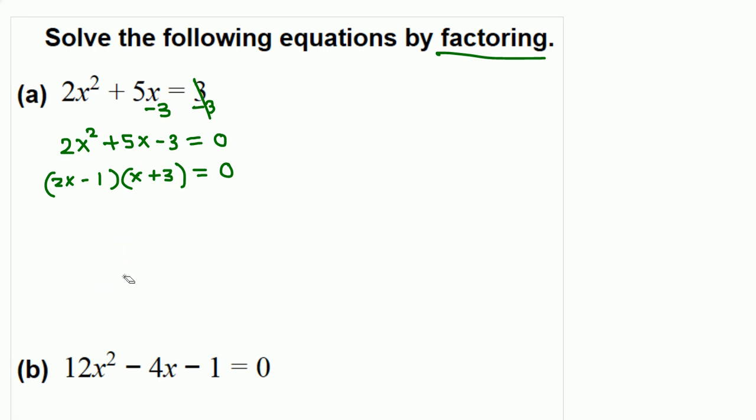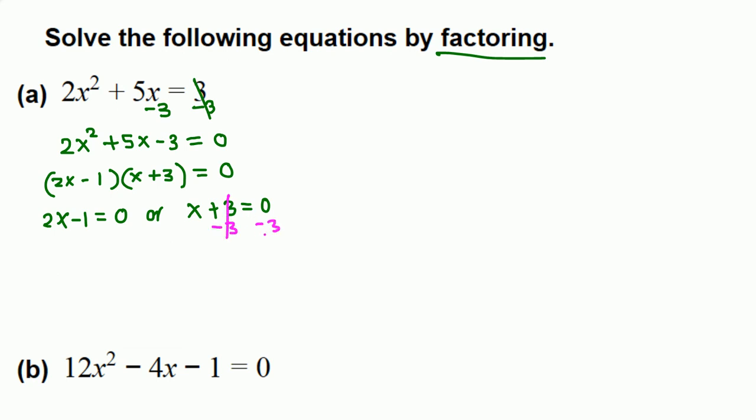So you need to play with a couple of numbers, and as soon as we have the factoring done, we have a product of two things equals 0. That implies either 2x minus 1 equals 0 or x plus 3 equals 0. Now solve for x. Subtract 3, so x equals negative 3.